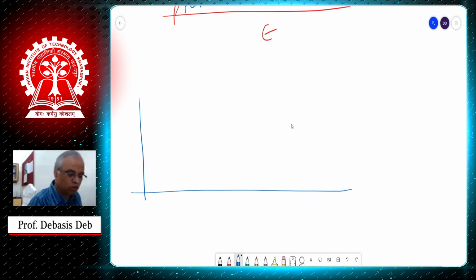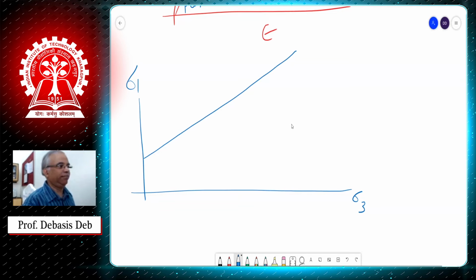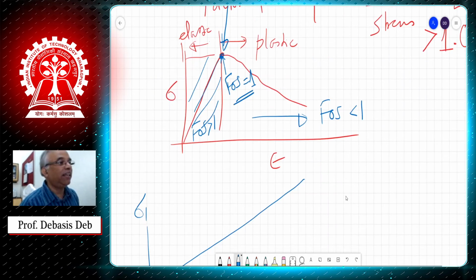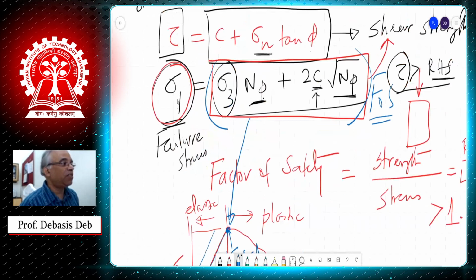So what I have shown you so far, if I now plot in the sigma 1, sigma 3 plane, then this will be something like that. This line, because you can see this is still a straight line in sigma 1, sigma 3.